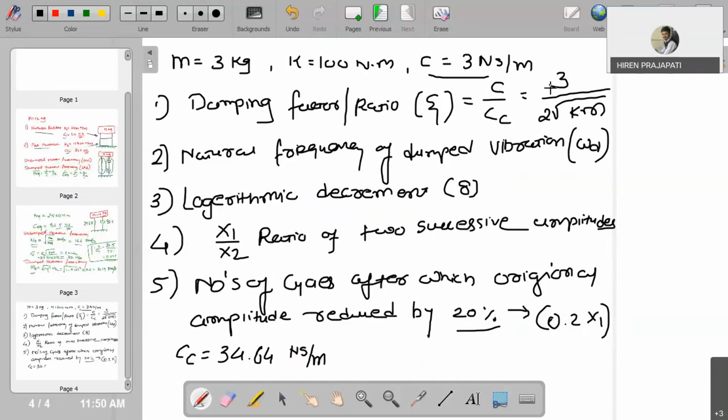Now just put here 3 divided by 34.64. So we get here zeta.